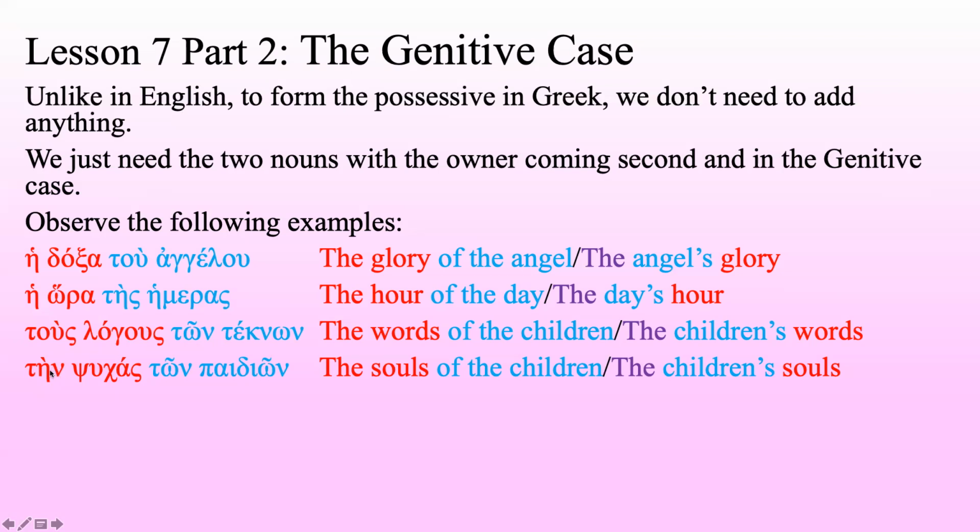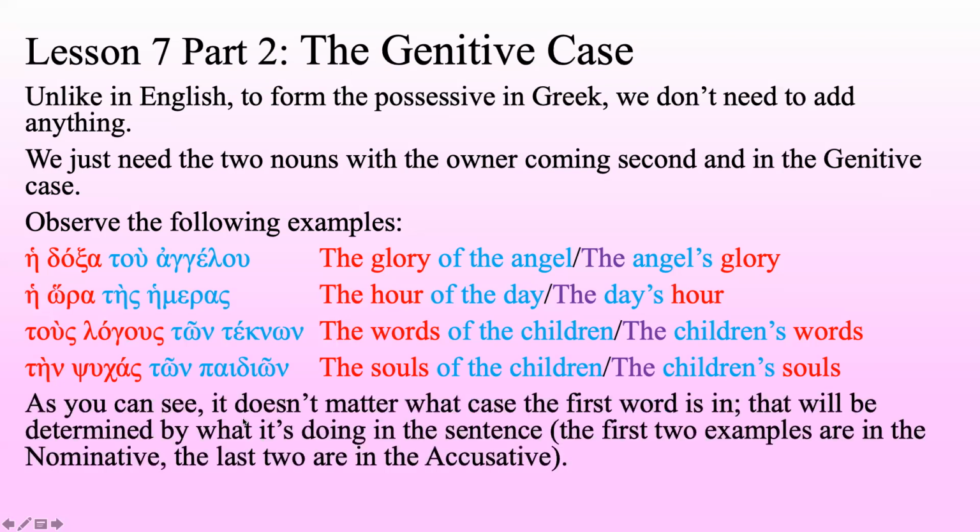Right now it's actually in the genitive, which it's not supposed to be. Or that's actually a singular accusative instead of a plural accusative. It should say tas. Tas psychas, plural accusative, the souls. So it's probably the direct object of the sentence or something. Ton paidion, the children. So the children are owning their souls, or they have souls, so the children's souls. And again, that's supposed to be tas over there.